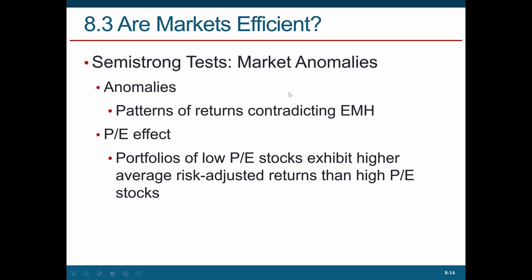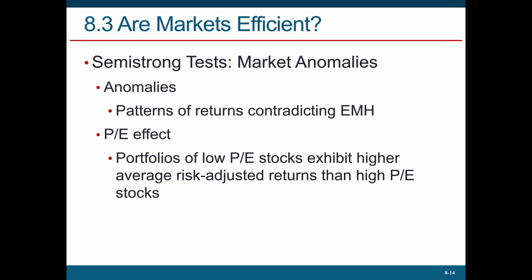Okay, then talking about some semi-strong form tests. So again, here the idea is, are there any return patterns that are based on exploiting publicly available information? And there are a few patterns that we are going to talk about. So one is this PE effect, a very popular return pattern, very popular metric, price to earnings ratio.